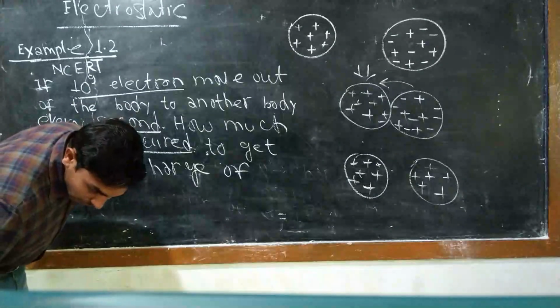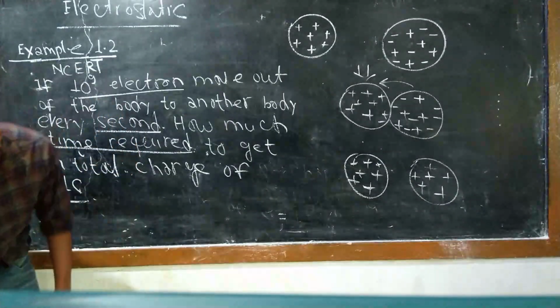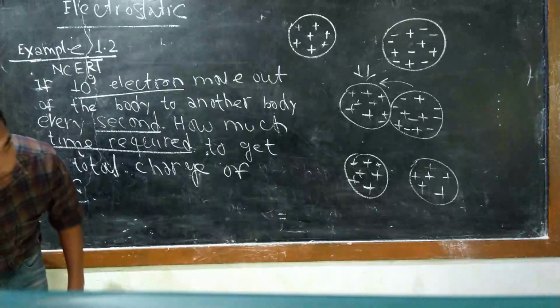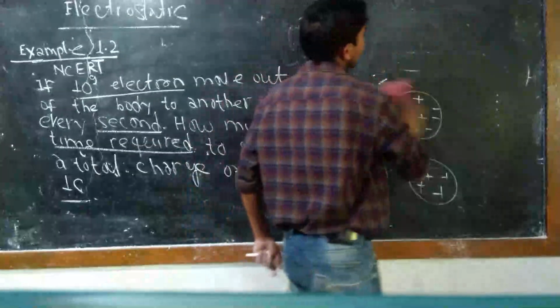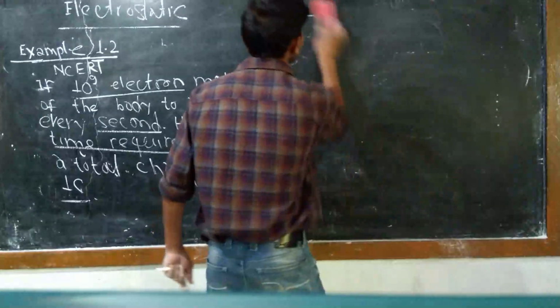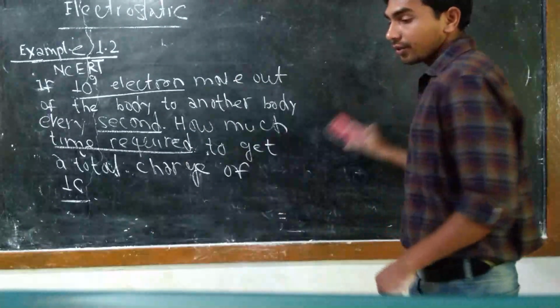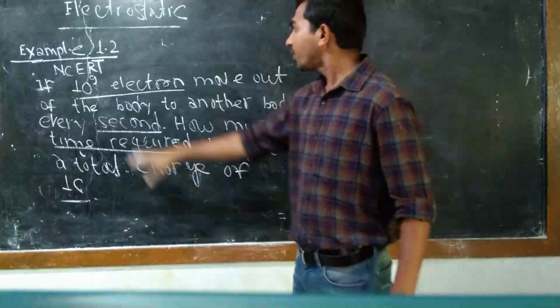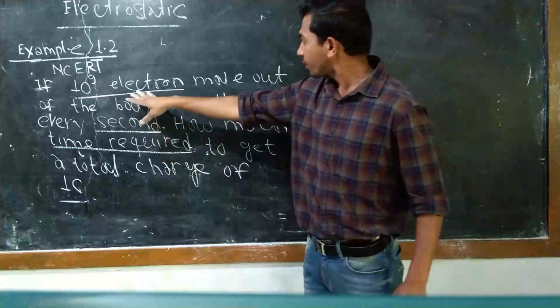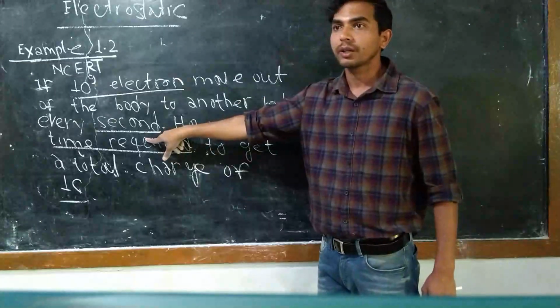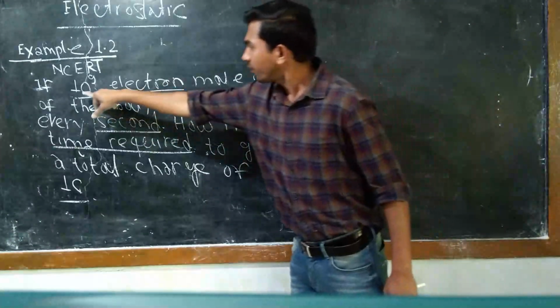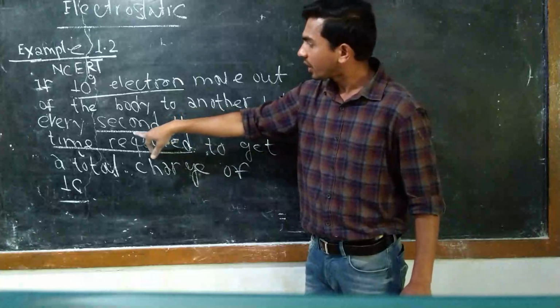Somehow this question is based on the unitary method. I hope all of you know the unitary method. So first I am going to find how much charge is moving out in 1 second. How much charge do this many electrons carry out in 1 second?